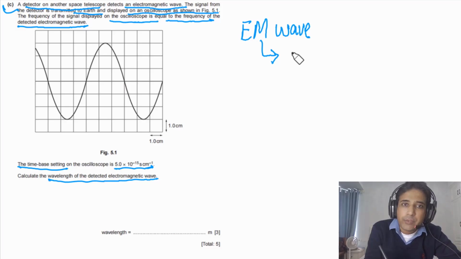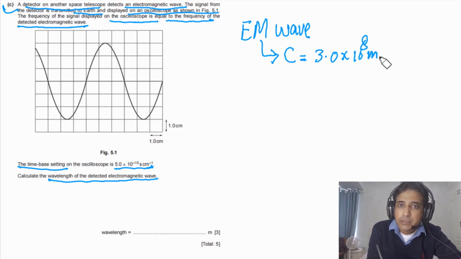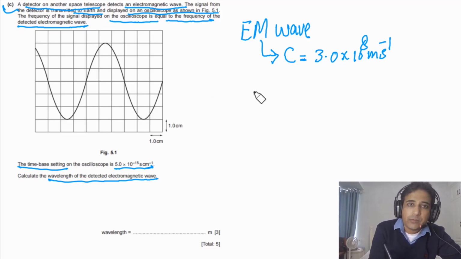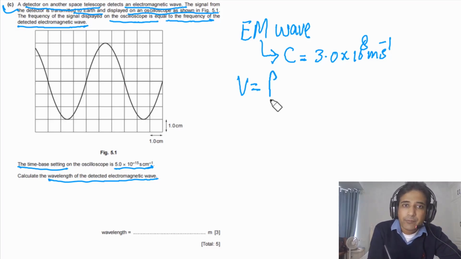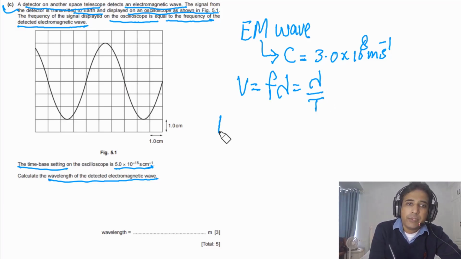So we can say the speed of all electromagnetic waves is 3.0 times 10 to the 8 meters per second in vacuum or in air. So we need to calculate lambda. We understand v is equal to f times lambda, or lambda over time. So from here lambda will be equal to v times t.